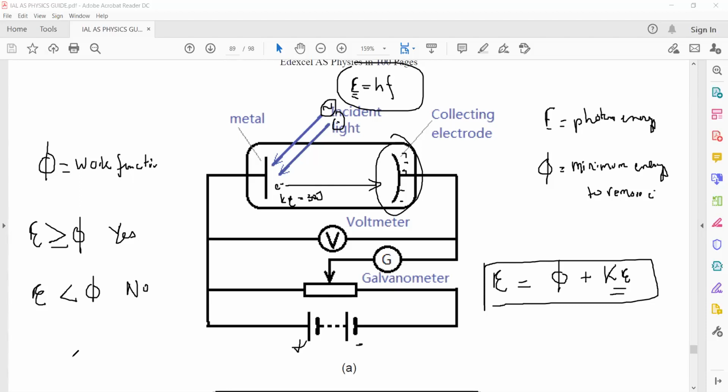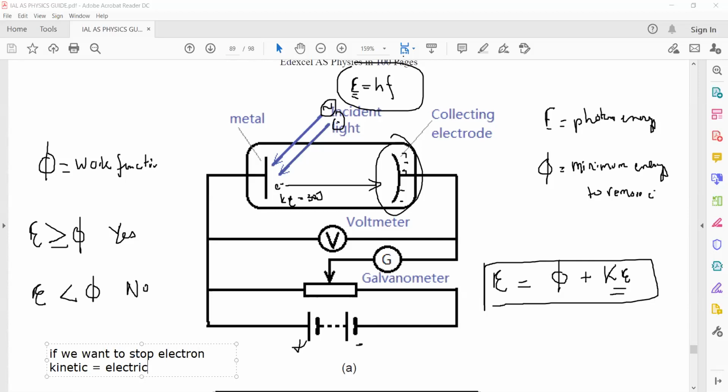So if we want to stop this electron, then the electrical energy must be equal to the kinetic energy.